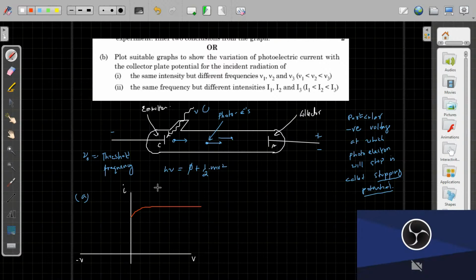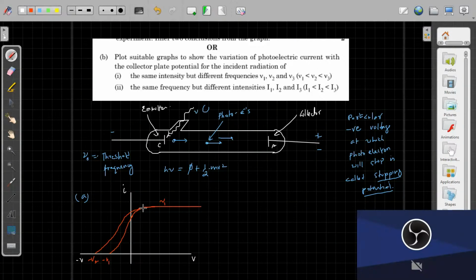Now with frequency, you will observe that at this negative voltage, minus V1, the photocurrent stops. This is the stopping potential for nu1. Similarly, this is nu2, with minus V2.